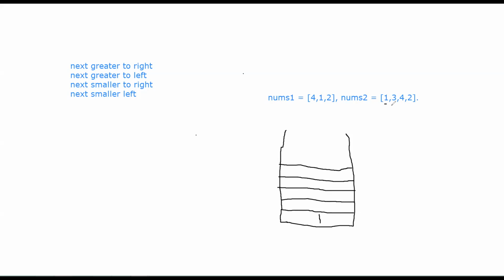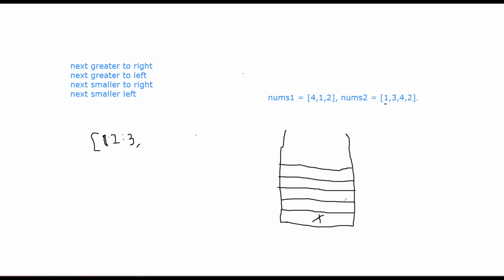Then I'll move to the next element and check whether that element is greater than the top or not. If it's greater than the top, then I'll pop out that element and store the larger value in a dictionary. I'm using a dictionary to store the respective greater element. So I'll pop out that element, and the next greater element will be 3 for that.